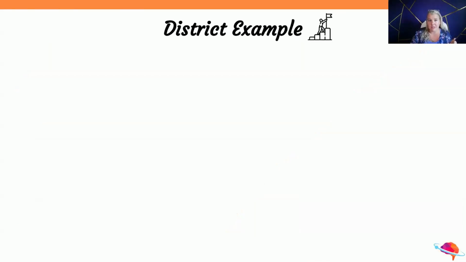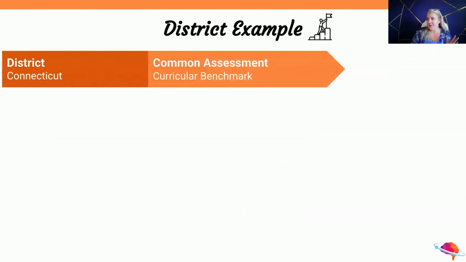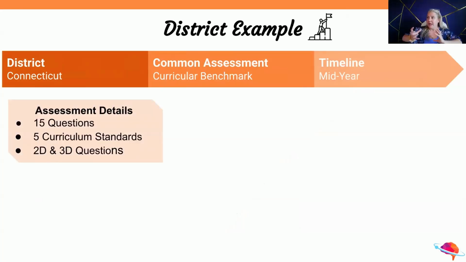The example that we're going to talk a little more about as far as curricular benchmarks go is a district in Connecticut. What they did is they did curricular benchmarks with all of their different core subjects. All these curricular benchmarks were about 15 questions, and they picked 5 standards, or 5 performance expectations, within the curriculum. And with it being summative, they made sure that they picked 2D and 3D questions to really measure that proficiency.